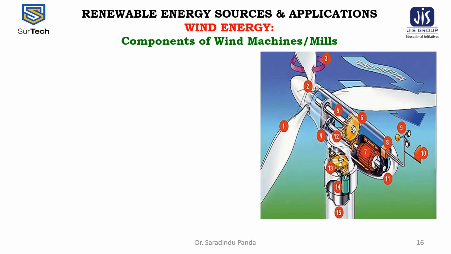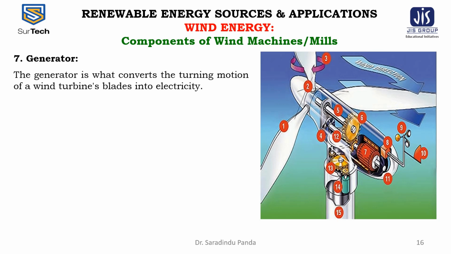The seventh component is the generator. The generator is what converts the turning motion of the wind turbine blades into electricity. This is the generator, the seventh component.